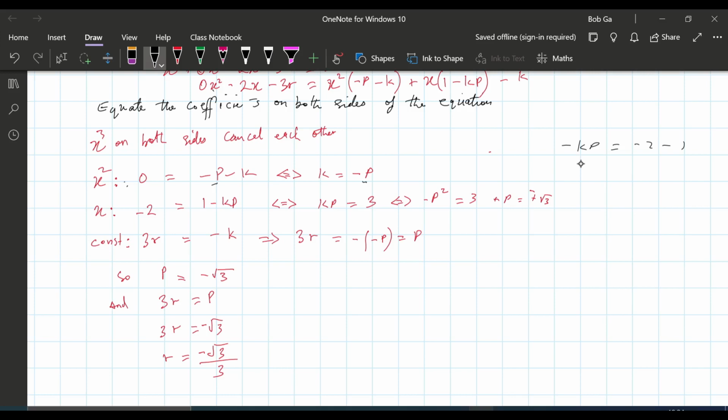So kp is equal to negative... We're multiplying by negative to get rid of the negative sign on the left hand side, so we get negative into 2 minus 3 minus 1, which is going to give us negative 3. So kp is equal to negative 3. That's how I got 3 there.